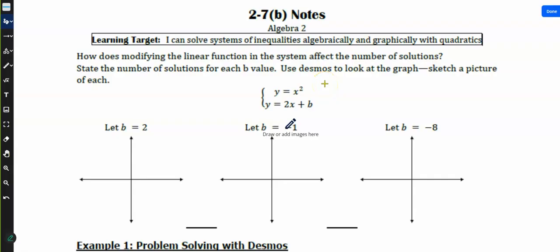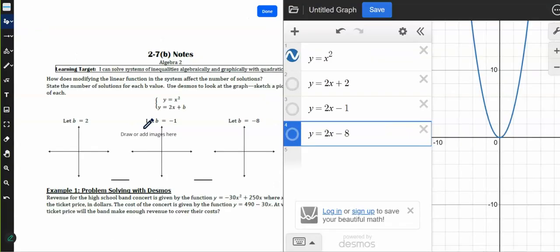So let's shoot over to Desmos and see what we've got. Okay, so we've got the parabola over there. Let's start with the first one, which is y equals 2x plus 2. Let's see what it looks like. Now, as you can see, it's crossing in two spots.